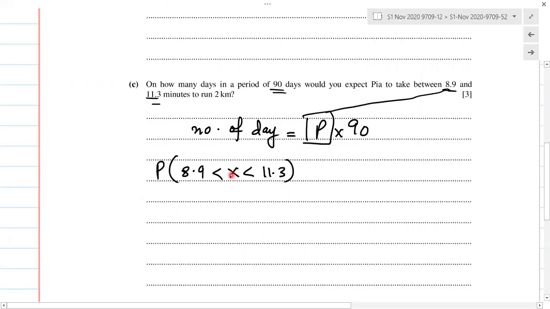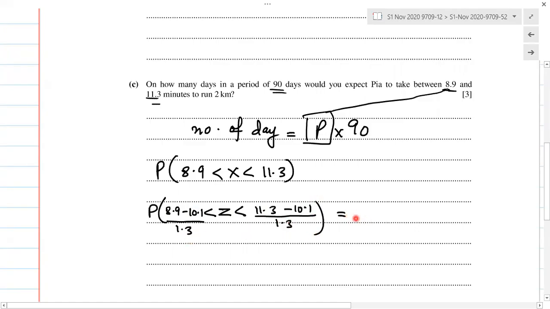Now first we standardize this, so we convert this into z values. This is going to be 8.9 minus 10.1, where we got the mean as 10.1, which was given to us, divided by 1.3. And this is 11.3 minus 10.1 over 1.3.